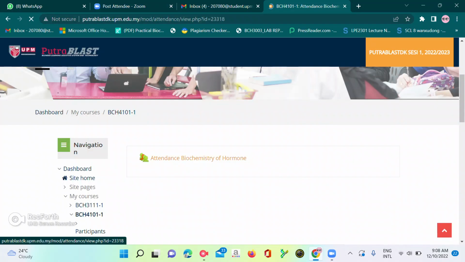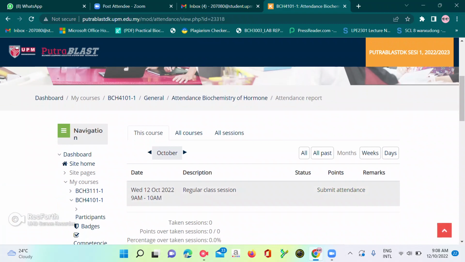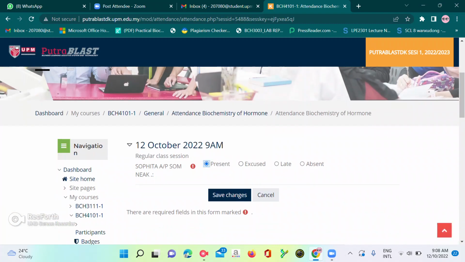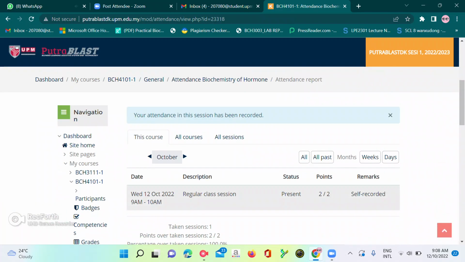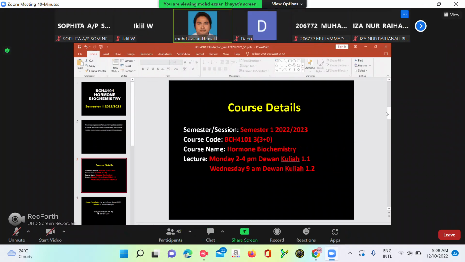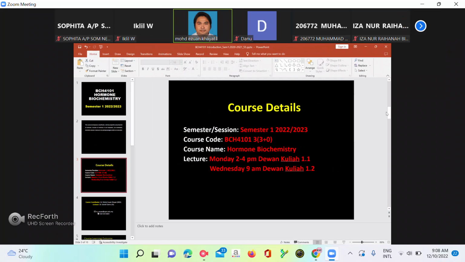Before this, maybe this rule was not implemented fully, but this year the UPM admin asked the lecturers to really look into these matters. It means we have to key in all the attendance. If you have attendance less than 80%, we cannot allow you to sit for your final. Even if you sit for the final, we cannot key in your marks.